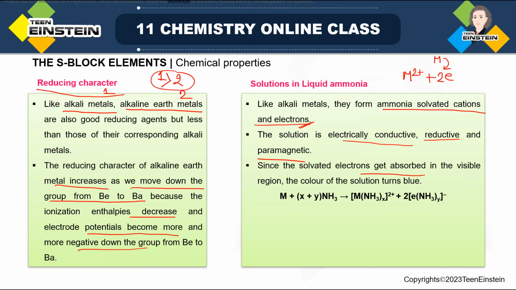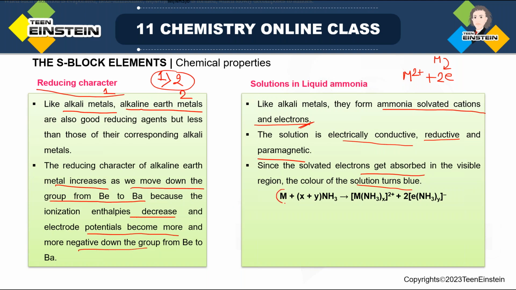Since these solvated electrons absorb in the visible region, the color of the solution turns blue. The same observation we have also seen for alkali metals. There also we saw that the color of the solution, that is the metals in liquid ammonia, is blue, and it falls in the visible region. Now look at the equation.